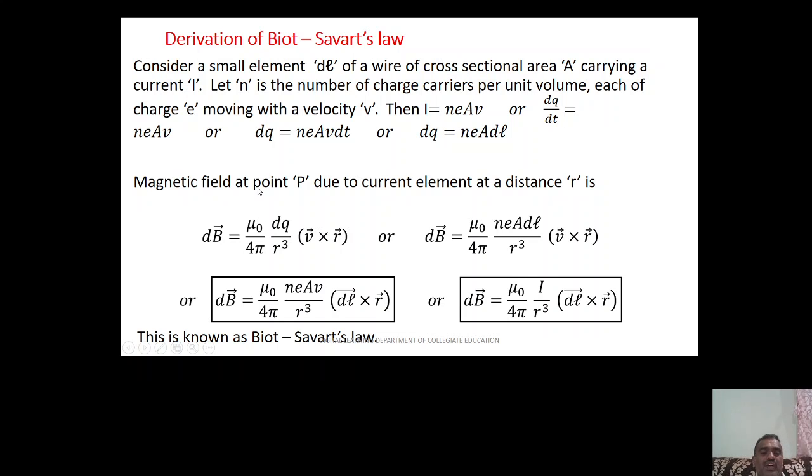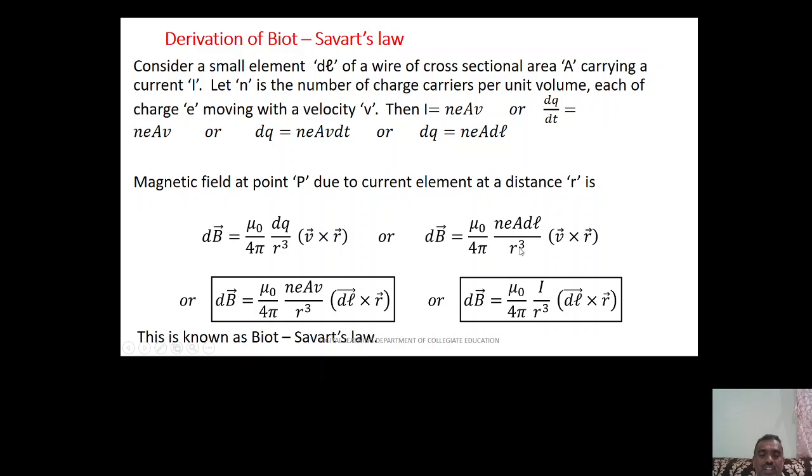Then the magnetic field at point P due to the current element at a distance r is dB vector equals mu naught by 4 pi, dq by r cubed, into vector v cross r. We know this dq is nAe dl.